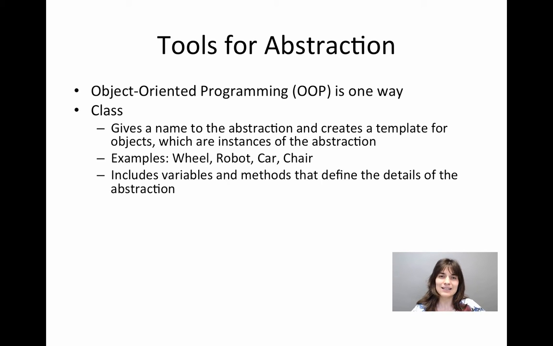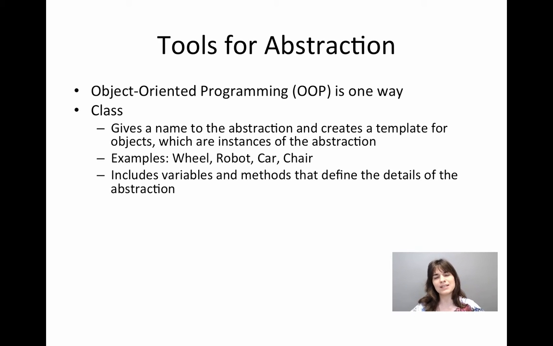A class is a very important term in object-oriented programming. A class is a template. For instance, suppose that we want to model a robot. In programming, we can create a class named robot, and inside that class specify what characteristics we want the robot to have. For instance, the robot may have a name, a color, a maximum speed.